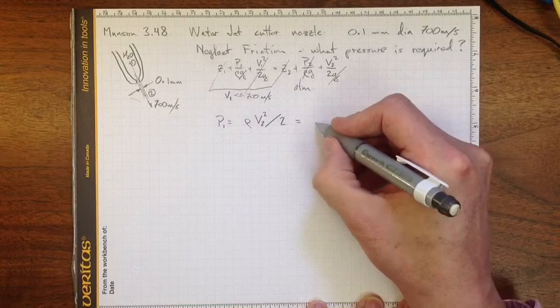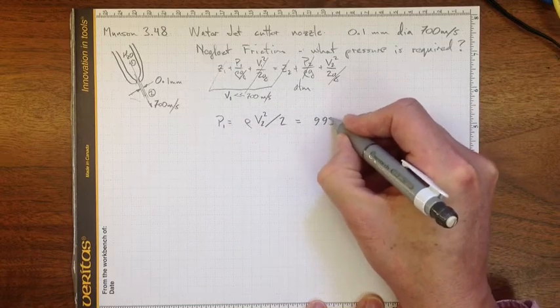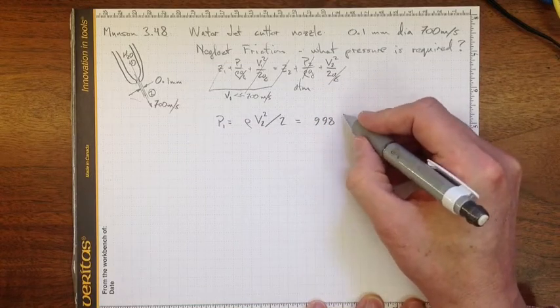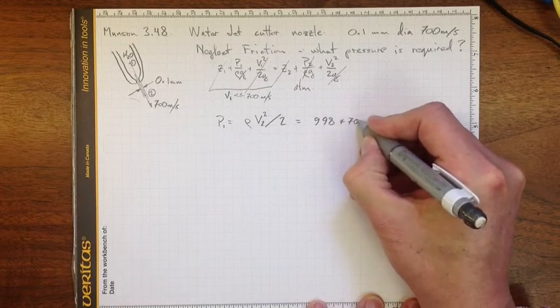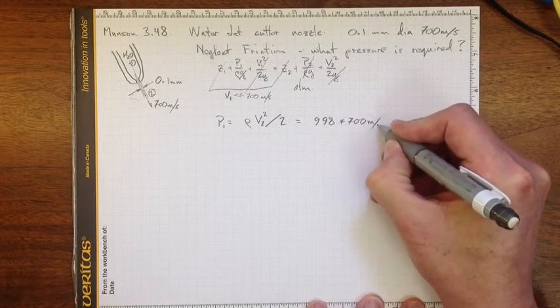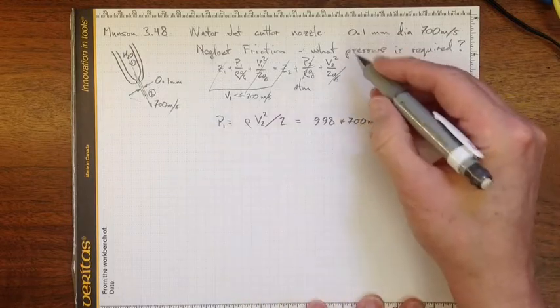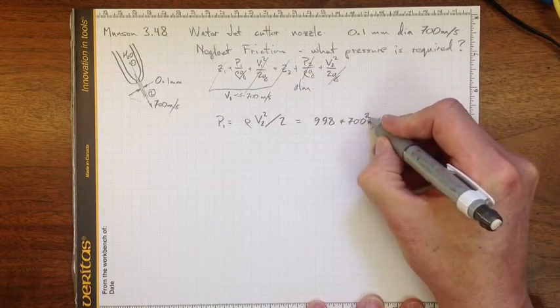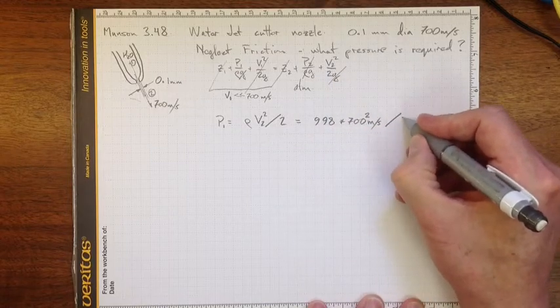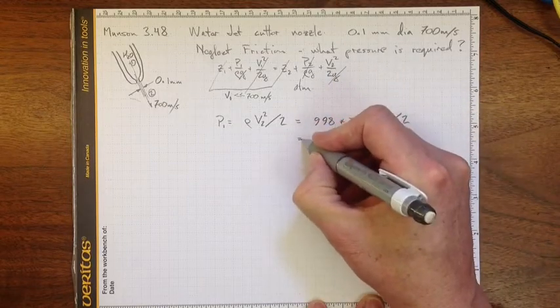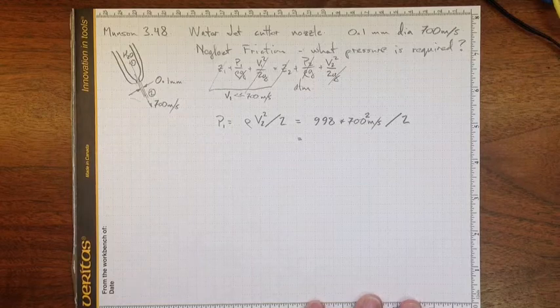And if it's water with a density of 998 kilograms per cubic meter, and the velocity that we want is 700 meters per second coming out, and that has to be squared to get V2 squared, and then divide the whole thing by 2, we wind up with 998 times 700 squared divided by 2.